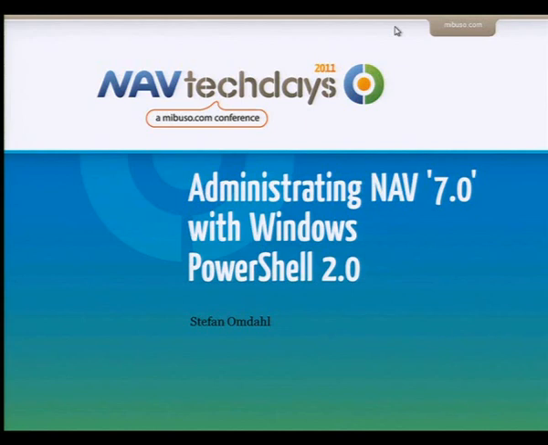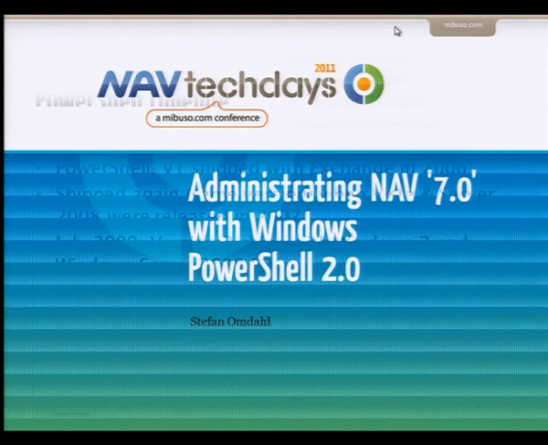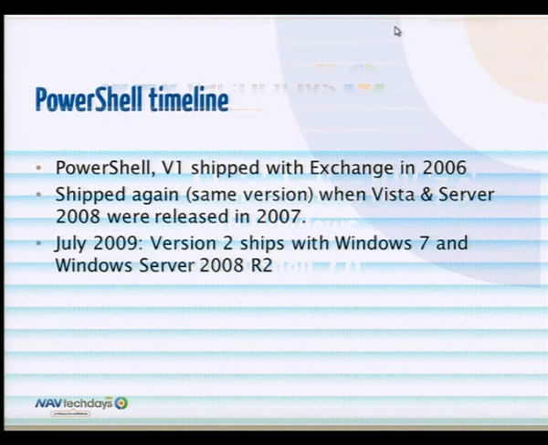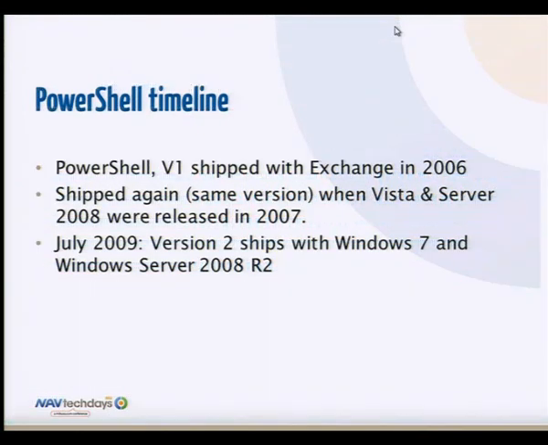Going to talk a little bit about PowerShell. Well, PowerShell version 1 shipped with Exchange in fall 2006. And there was a need for the Exchange team to rewrite all their VB scripts. They had a lot of VB scripts to handle everything.